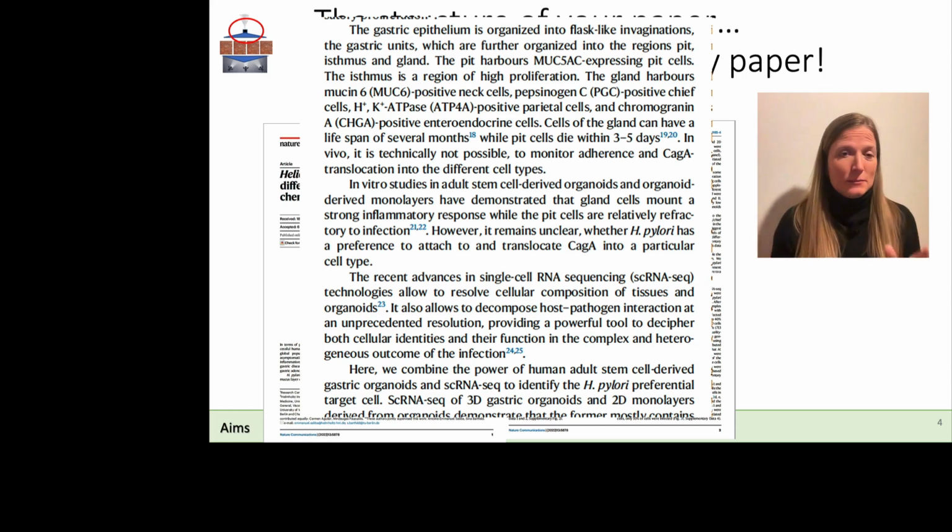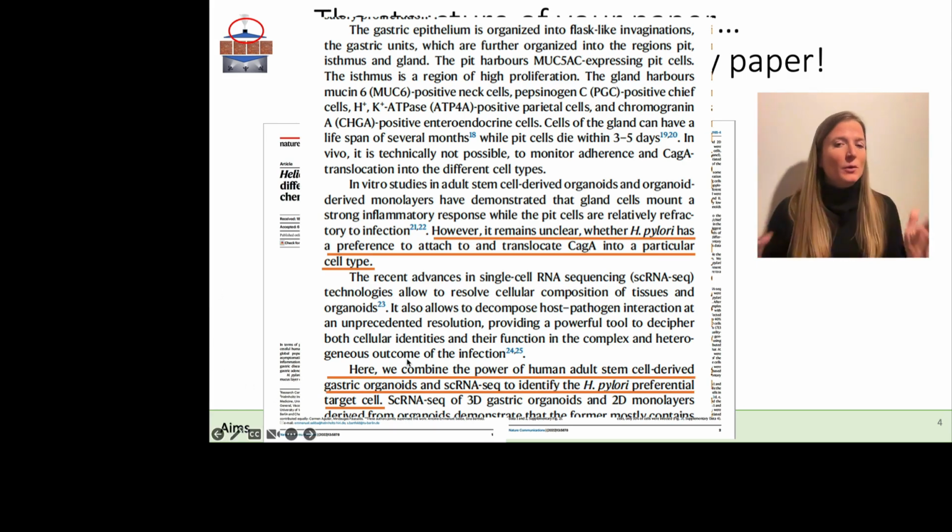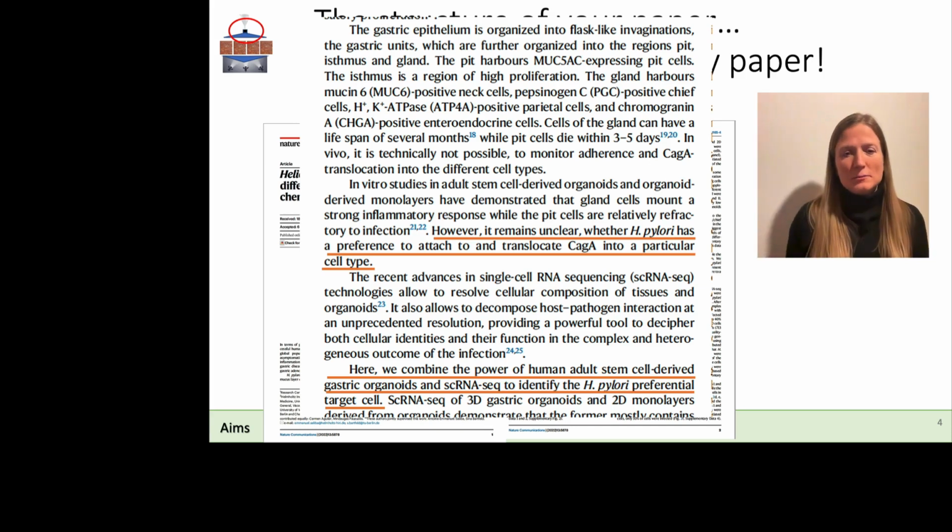It's clearly stated. It always goes with these sentences: "However, it remains unclear," or "knowledge of this remains fragmented," or some sentence that states specifically what is not yet known. And then from this follows, briefly under that, what we do here, the aim. Here we combine the power of human adult stem cell-derived gastric organoids and single-cell RNA sequencing to identify the Helicobacter preferential target cell.